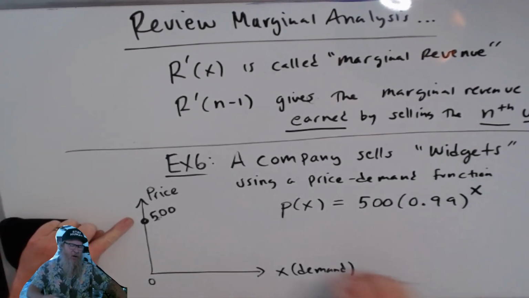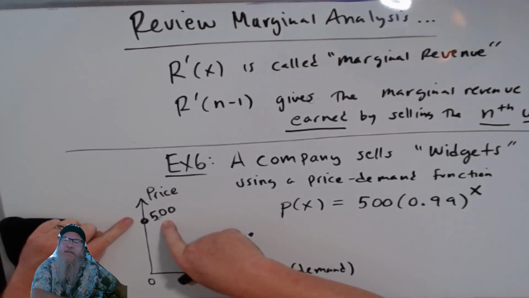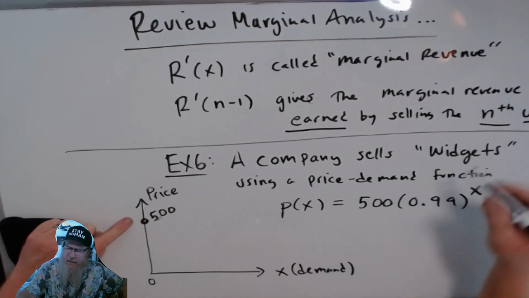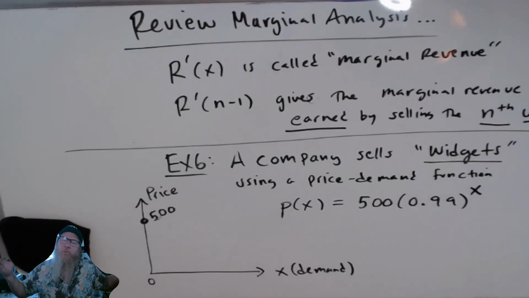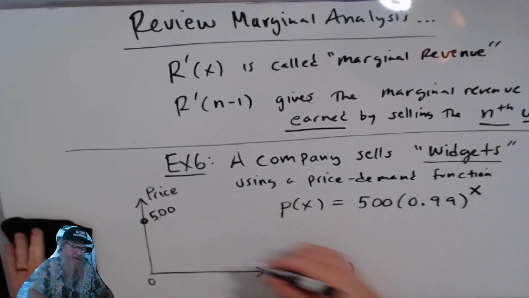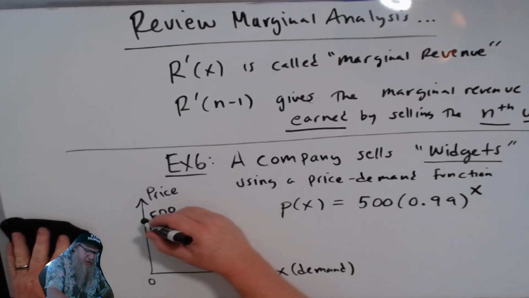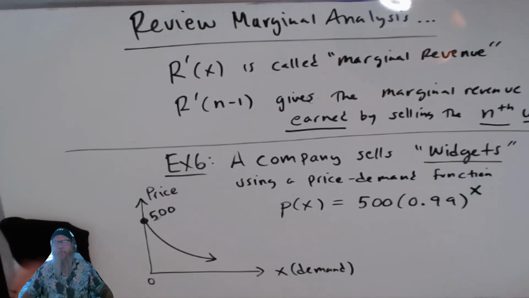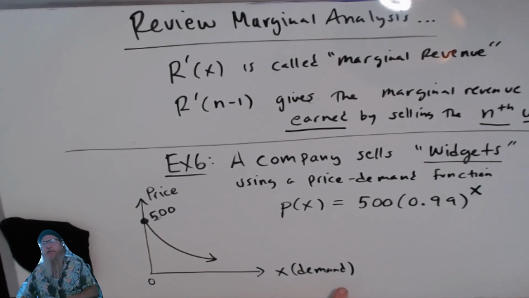So we call that a prohibitive price. It's so expensive that nobody buys it, right? I don't know what these are, they're just called widgets, but whatever they are, $500 is too much. And so this function curves down like this and approaches zero. The price approaches zero as the demand approaches infinity.